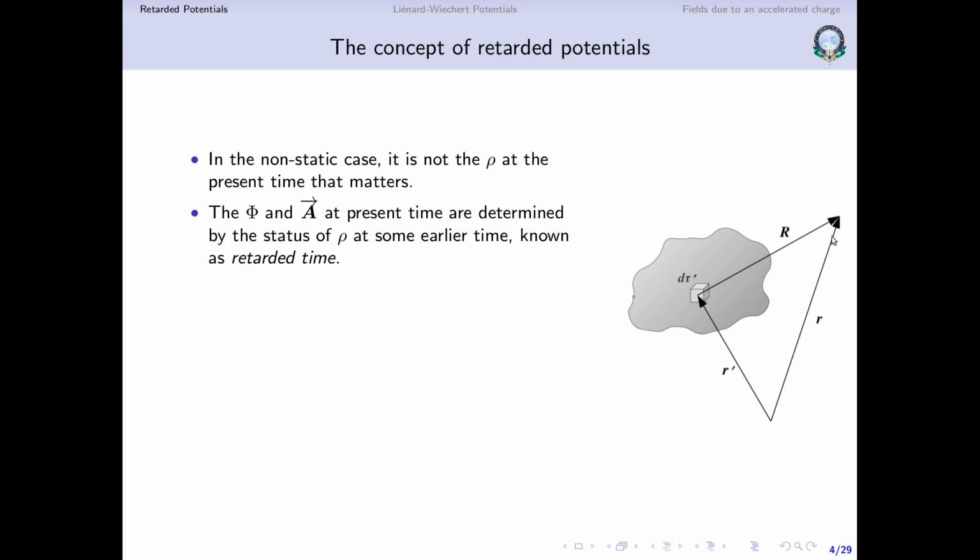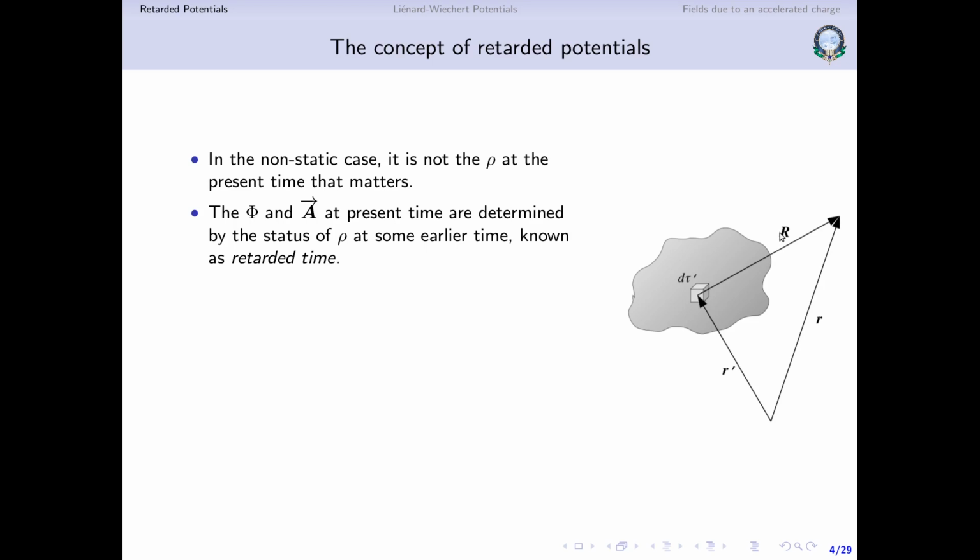Either phi or A. But in the dynamic case, where the charges are moving, if I measure a potential at a particular point of time, I'll also have to take into account that the information takes a finite amount of time to flow. So for instance, let's say at a certain point of time the charge was here, and as I'm measuring its potential, the next instant the charge moves and reaches this point.